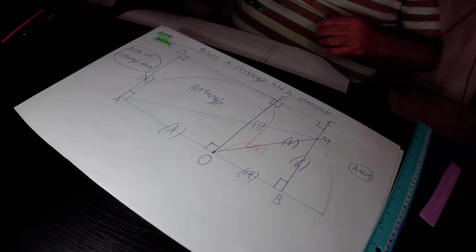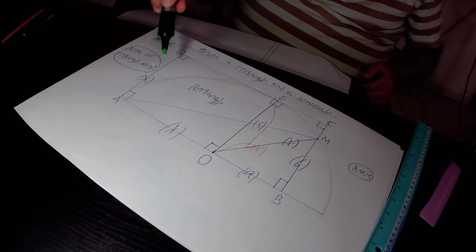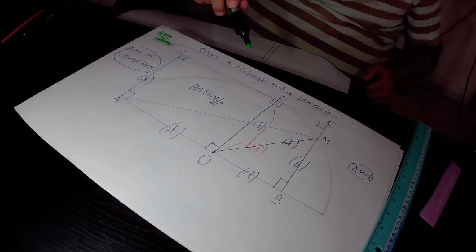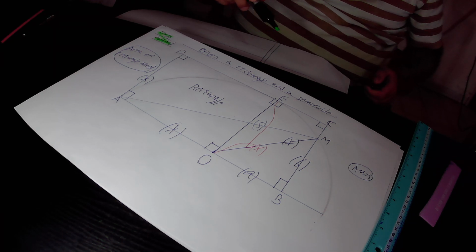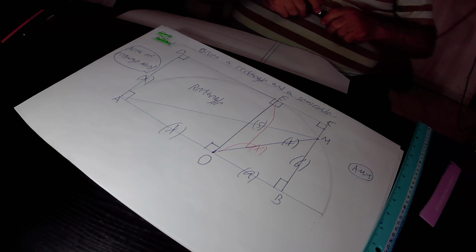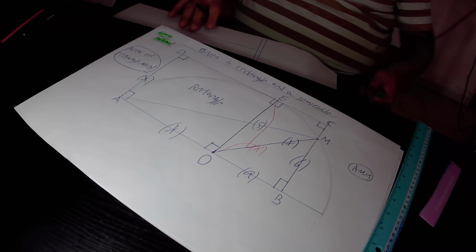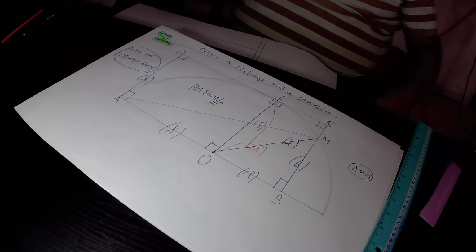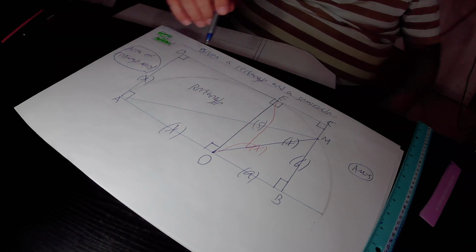So repeat again, the area of this rectangle ABCD is equal to 12.5 square units. So we finish with the first method. In the next step, I will present to you how to find out the area of this rectangle ABCD according to the second method.